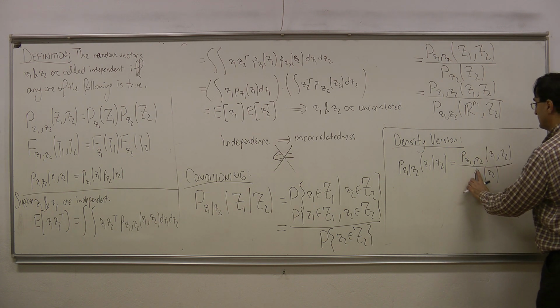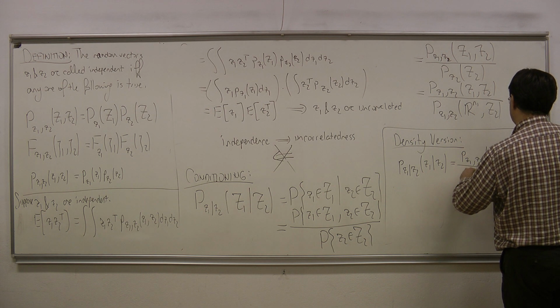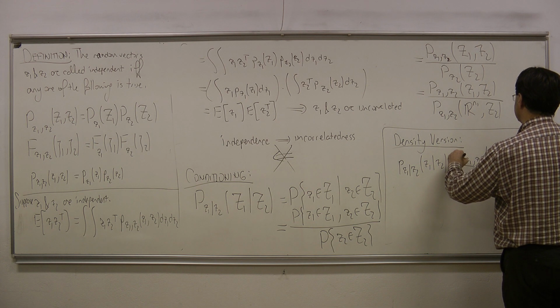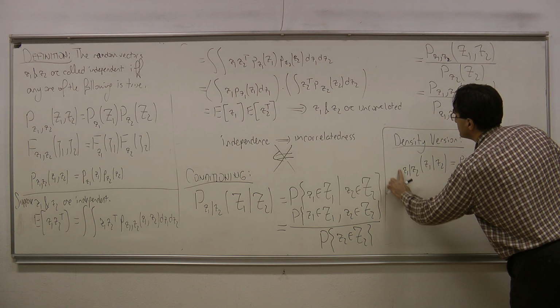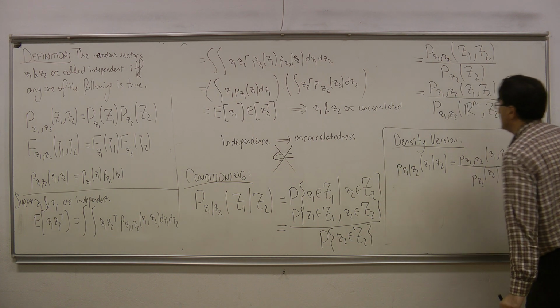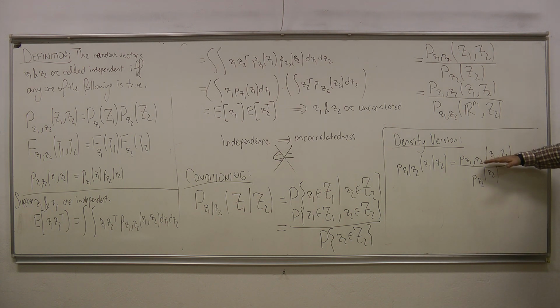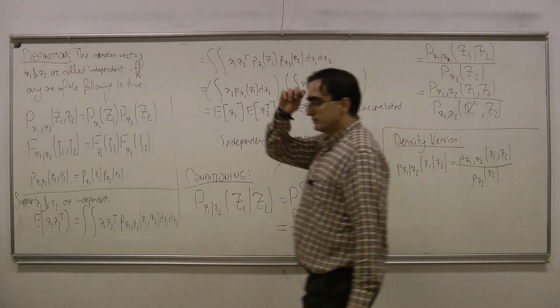Okay? So these are all small p's. So the conditional distribution is nothing but the joint distribution of the random vectors divided by the distribution of the variable in the conditioning. Okay?